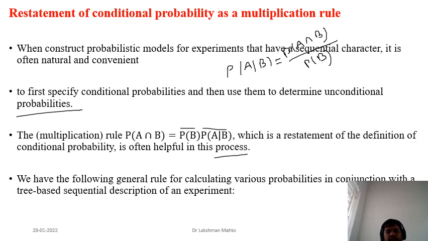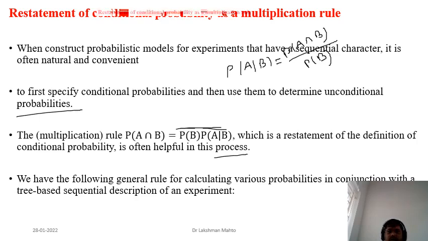So we have the following general rule for calculating various probabilities in conjunction with a tree-based sequential description of an experiment. The tree-based sequential description is very important. You can call it the and rule approach, or a tree-based approach. First event B has already happened, after that A is happening, so it is a kind of sequential criteria.